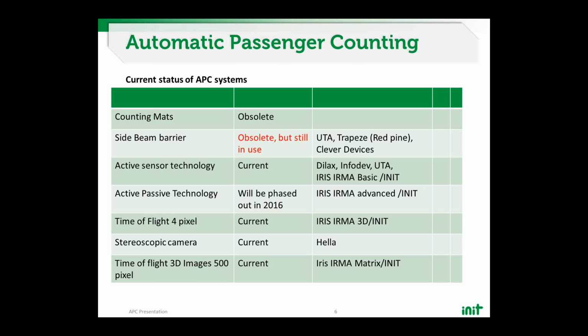The pure electric sensor is difficult to produce in the future, and there are smarter ways to use new technology. So that's why we are switching over. Then the time of flight is the IRMA 3D technology, stereoscopic camera, and as well the matrix technology. So these are the different sensor types which are still in use.